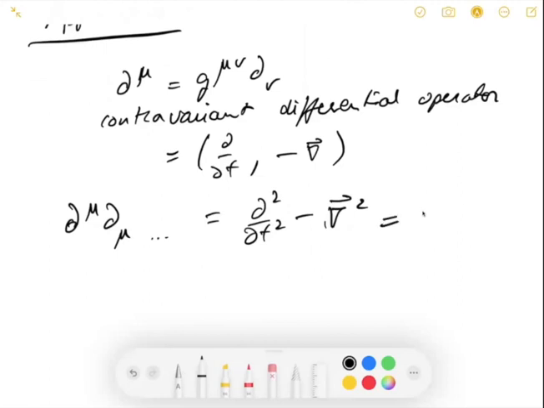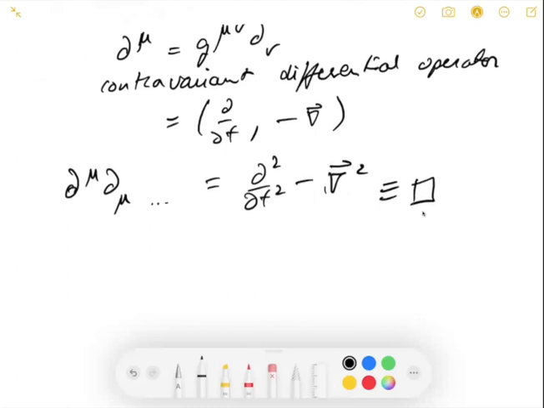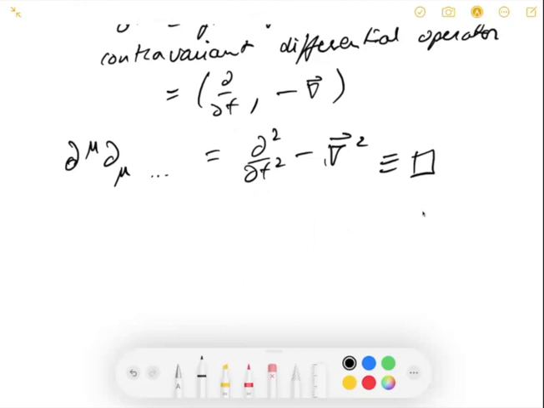And this we had called the D'Alembertian. And remember where we had the D'Alembertian, we had it in the wave equation, right? We had the D'Alembertian of A, of J, of phi, E, and B. So we have 4 wave equations. So this is the wave equation.